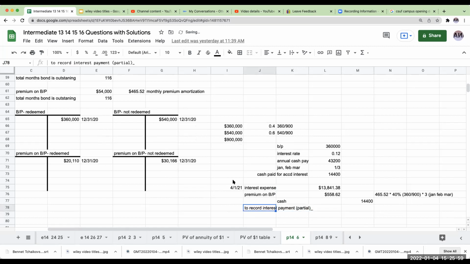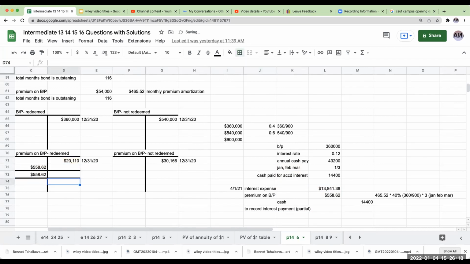Okay, so now that we've gone through this part, we're ready to handle the redemption. When I do the redemption, I'm going to do my final amortization. So what do I have left? I have left $19,552.